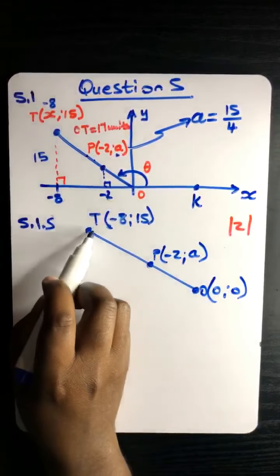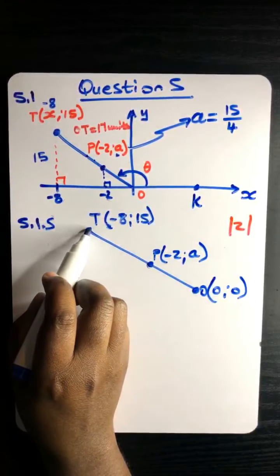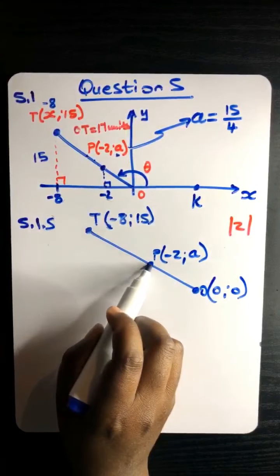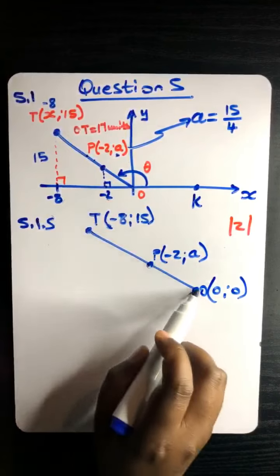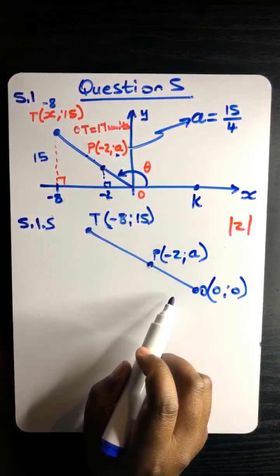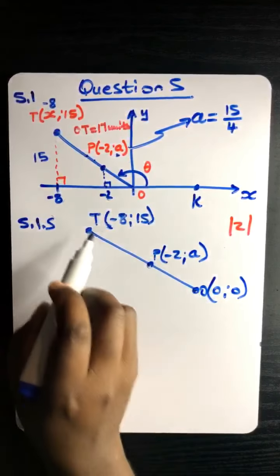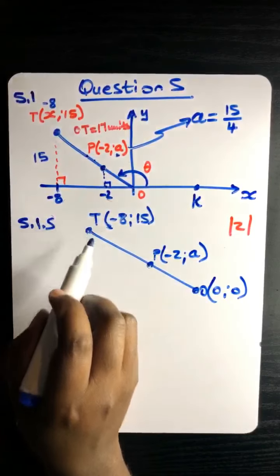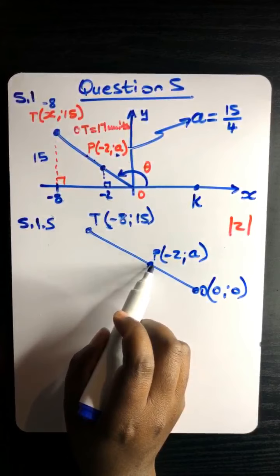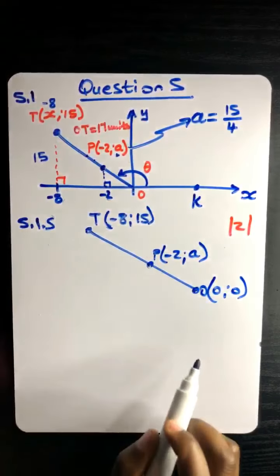So the gradient of TP is equal to the gradient of PO.